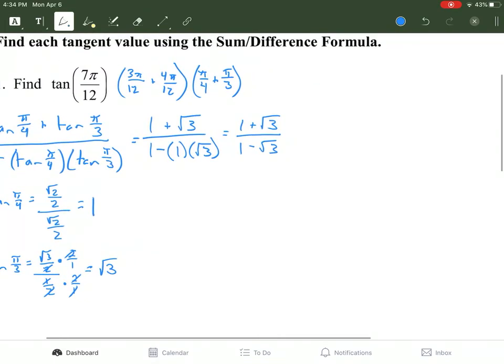Okay, now in math, you're not supposed to have square roots on the bottom of your fractions, so what we're going to do is multiply by what's called the conjugate. I'm going to write that down. Multiply by conjugate.